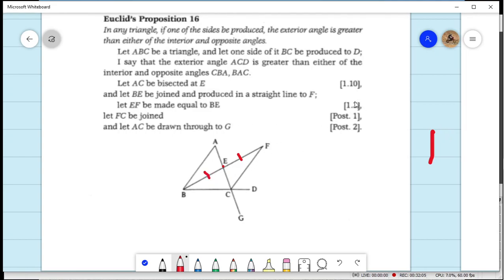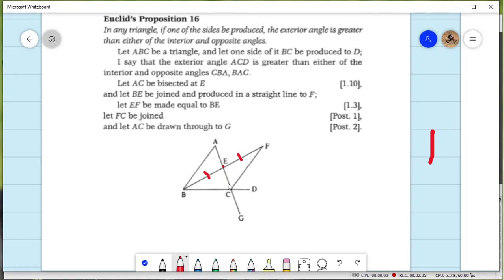That is by proposition 3, that a long line segment can be drawn so that its length is equal to a shorter line segment. Then let FC be joined, that's postulate 1, two points determine a line.